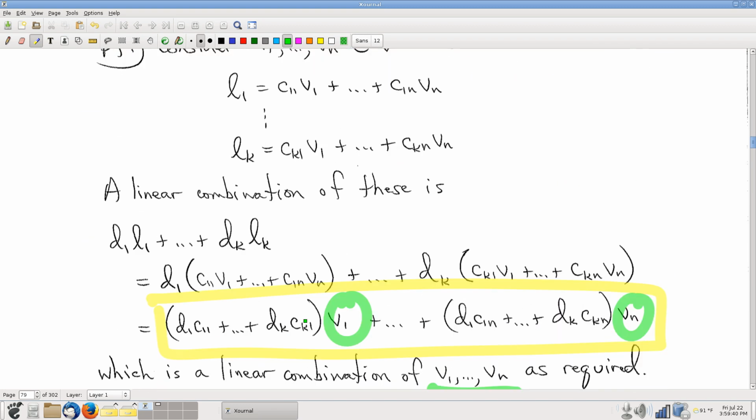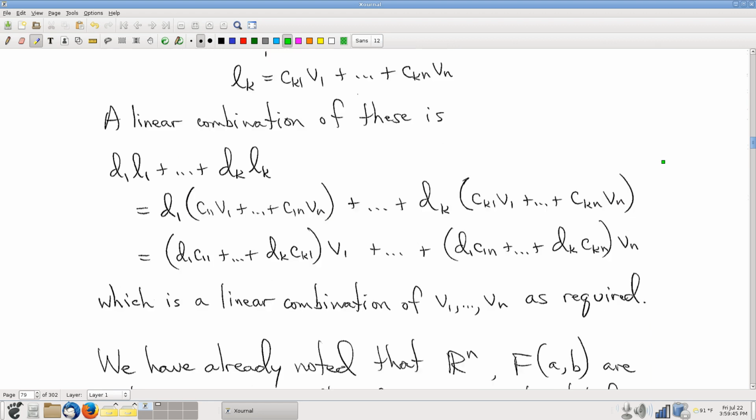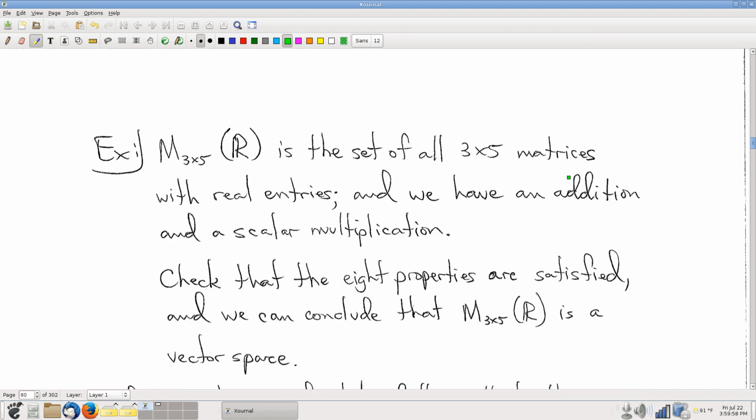Okay. And furthermore, this theorem that we just stated and proved will apply to any future vector space we might encounter. Vector spaces we haven't even thought of yet. This theorem applies to those vector spaces. So, for example, here's one. Let's consider the collection of all 3x5 matrices, where we have the usual addition of matrices and the usual scalar multiplication of matrices.